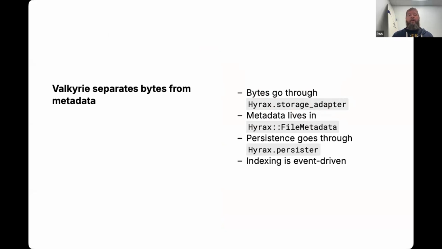So there's an isolation there. This is a cleaner model, but it does mean some complexity in that separation. It does give you a better scheme for modern storage, background jobs, and bulk workflows. Indexing in the Valkyrie version is event driven. So there's an event listener and a listener pattern that handles the indexing.